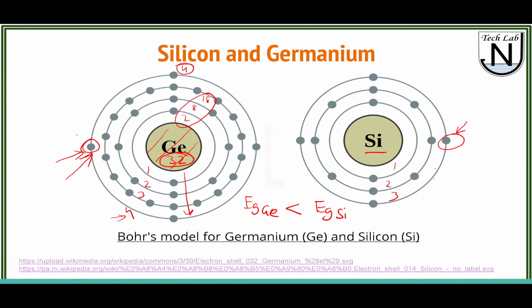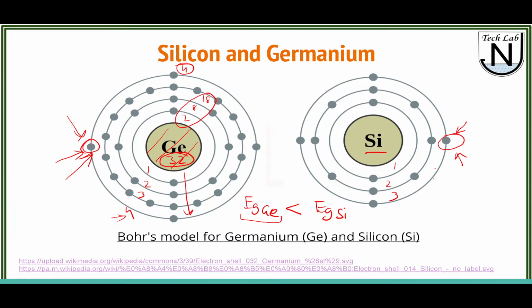Since the outermost electron of germanium is in the 4th shell, it requires less energy, so the energy gap of germanium will be less in comparison to silicon, whose electrons are in the 3rd shell and hence tightly bounded to the nucleus, right?